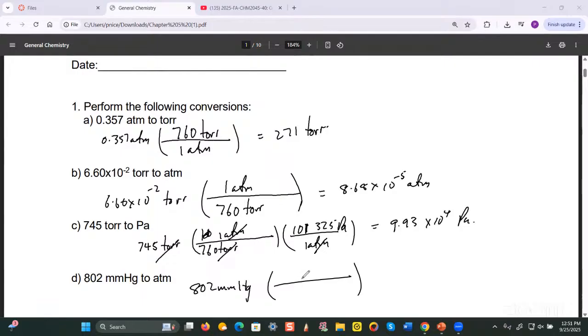Start with millimeters mercury on the bottom and 1 on top. So 760 millimeters mercury below, 1 atmosphere above. And 802 divided by 760, according to my calculation, gives 1.06 atmospheres, because this will cancel out with that. All right. Any questions about any of these? Any questions out there in Zoom?